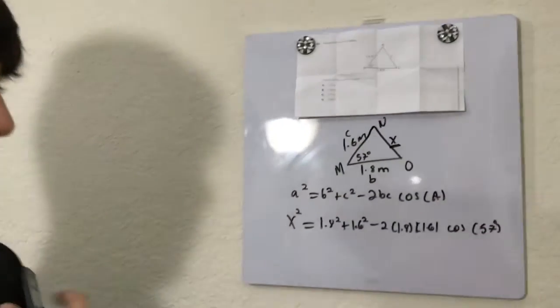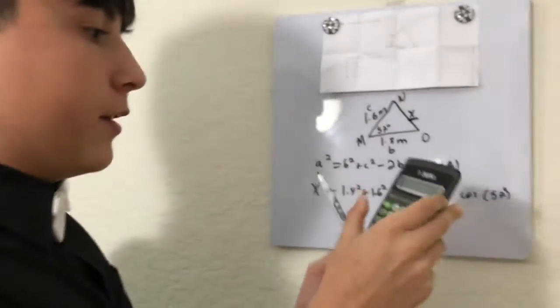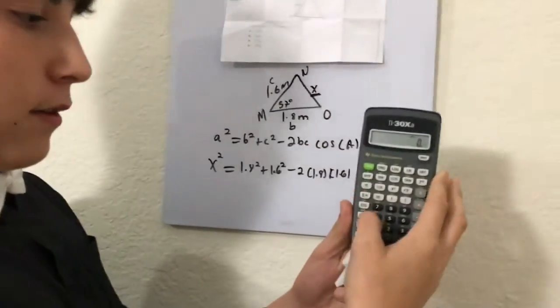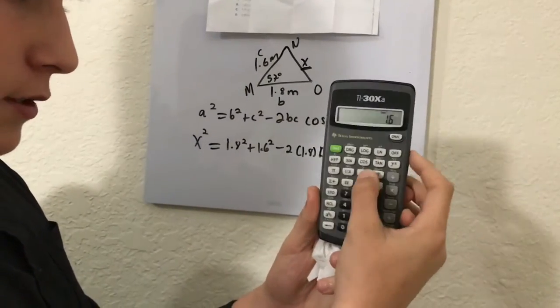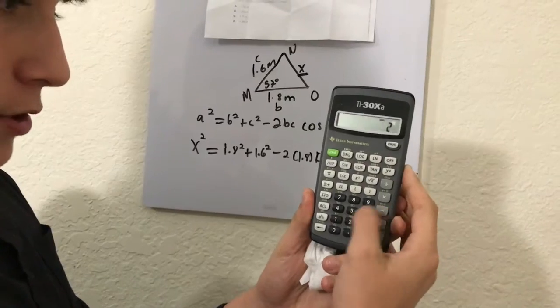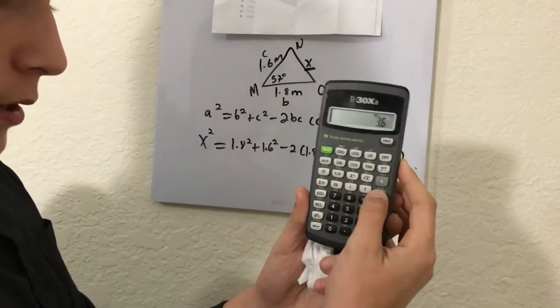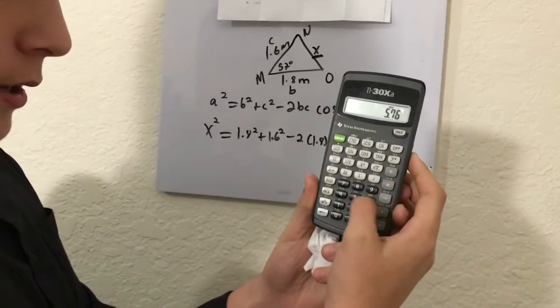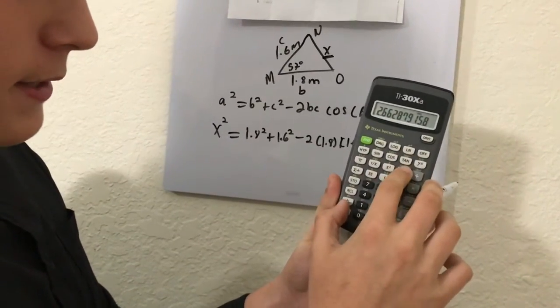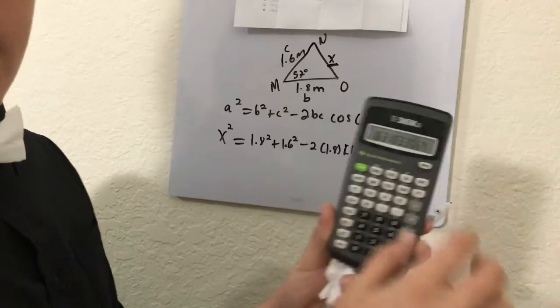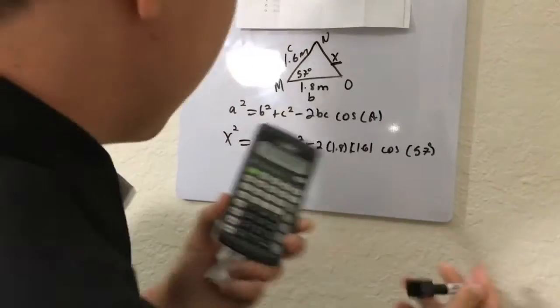Okay, if we use my handy dandy calculator, we're going to see that 1.8 squared plus 1.6 squared minus 2 times 1.8 times 1.6 times the cosine of 57 will get you 2.66.